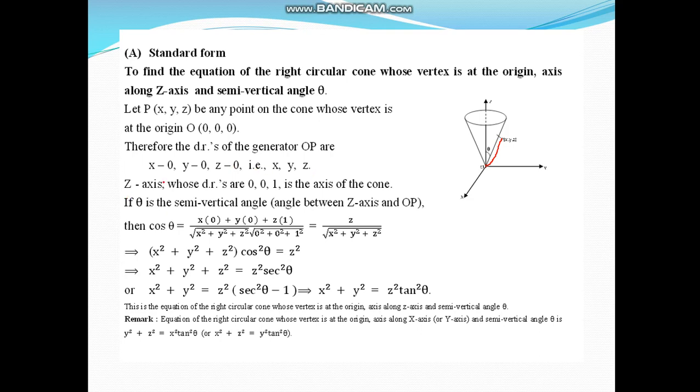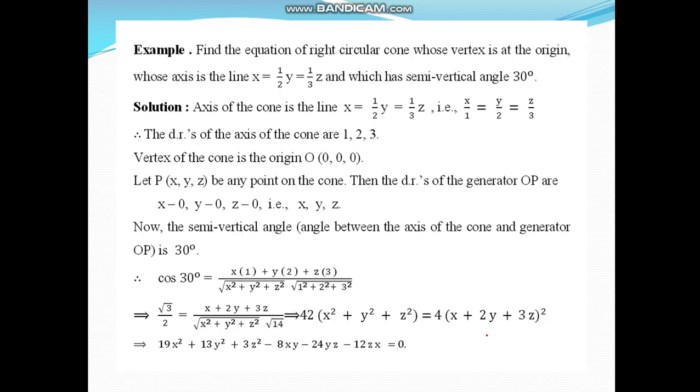And you know z axis, whose DRs are 0, 0, 1, is the axis of that cone. So the DRs of axis and generator are known, and the angle between them is theta, so we can find cos theta, that equals z upon this. Cross multiply and square, so you will get x square plus y square equal to z square tan square theta, which is the equation of required right circular cone whose vertex is the origin, axis along z axis, and semi-vertical angle theta.